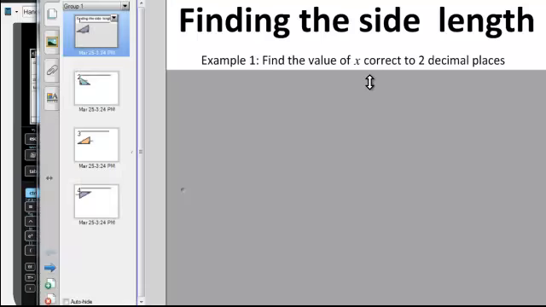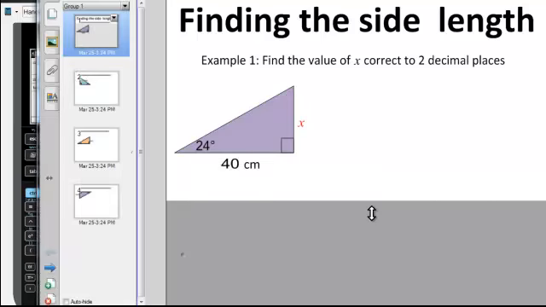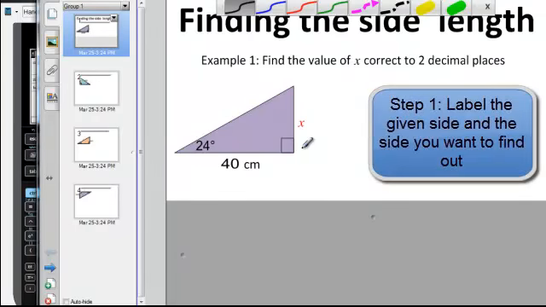So our first example is we want to find the value of x correct to 2 decimal places. So in this case here, we're trying to find the value of x, which is this length here. Okay, so we're given that this angle here is 24 degrees, so our first step is that we need to label our sides with respect to that angle.